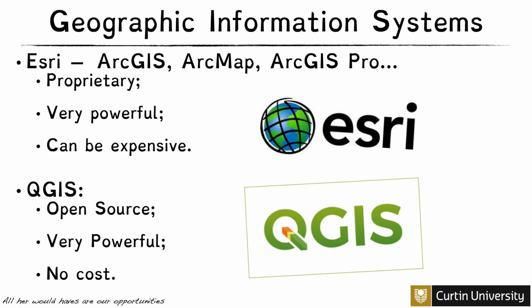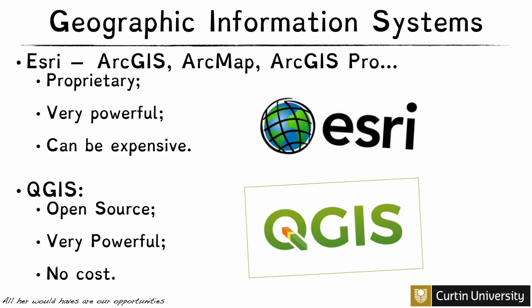So when it comes to doing this, GIS, as you've heard mentioned, Geographic Information Systems. Now there's two major geographic information systems that are usually mentioned. One is produced by Esri, and their products are ArcGIS, ArcMap, ArcGIS Pro. There's several of them. Now this is proprietary software. It is extremely powerful software, but it can be expensive.